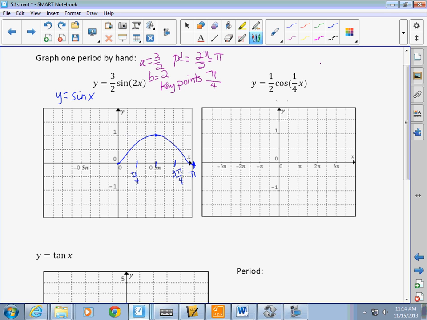Yeah, that's pi over 4, so that's going to be where a key point is. Because every pi over 4 is where I do, and it's just counting your tick marks. And since this one has told us this is 1/2, then I know halfway between 0 and a half is a quarter. And I know that halfway between a half and a pi is 3 pi over 4.